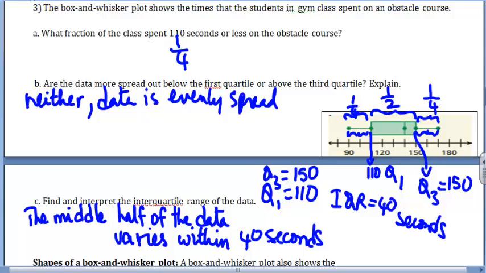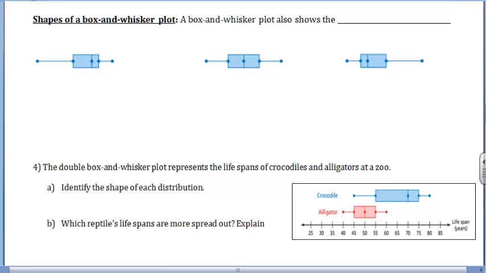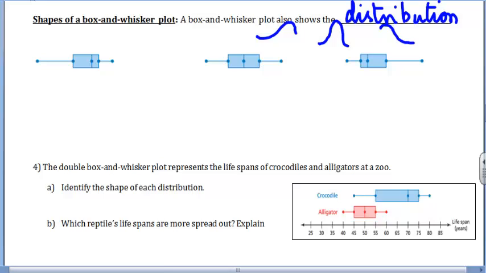Let's go to the last piece of this lesson. This talks about the shapes of box and whisker plots. The shape of the box and whisker plot shows the distribution of the data. Remember, in lesson 10.3 we talked about skewed left, something like that, then symmetric, and then skewed right.